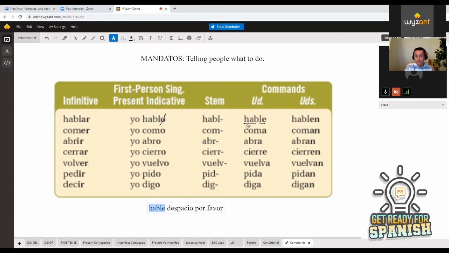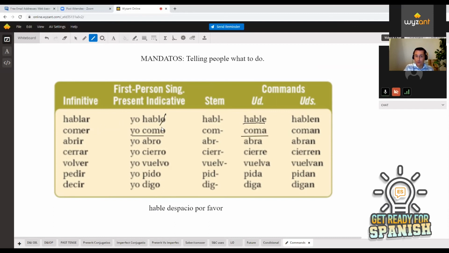Or like comer, you go to the doctor and, oh, you have to eat healthier, you have to eat more vegetables. So the doctor is not going to be using yo como, because yo como means I eat. The doctor wants to use coma.